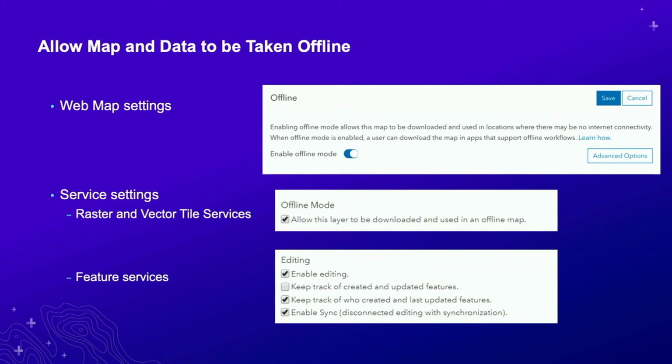You can see "allow this layer to be downloaded and used in an offline map", or, when it comes to feature services, "enable editing", etc. These settings are covered in a lot more detail in the third session because they support more advanced workflows.